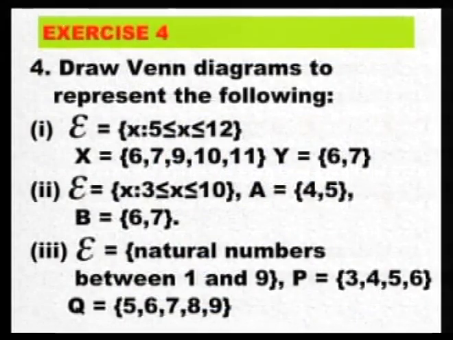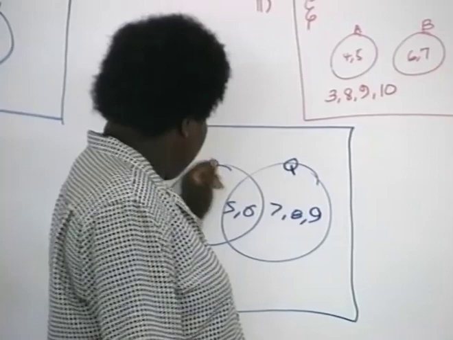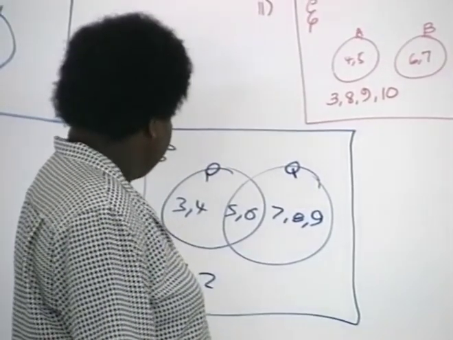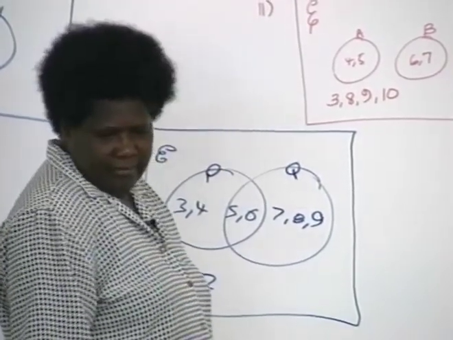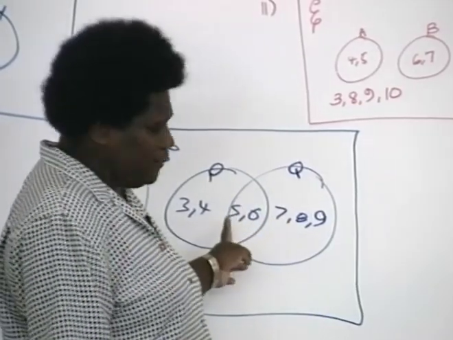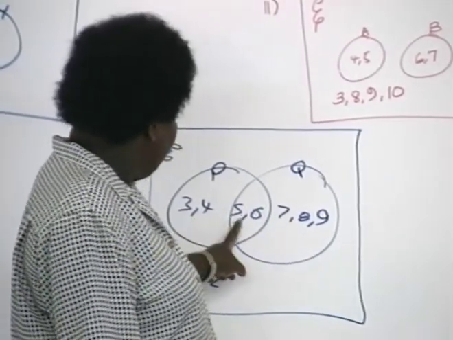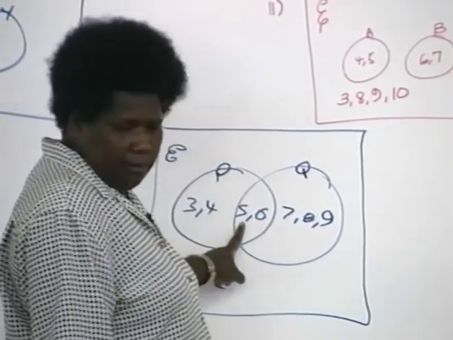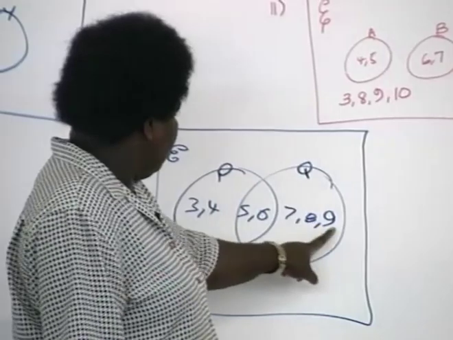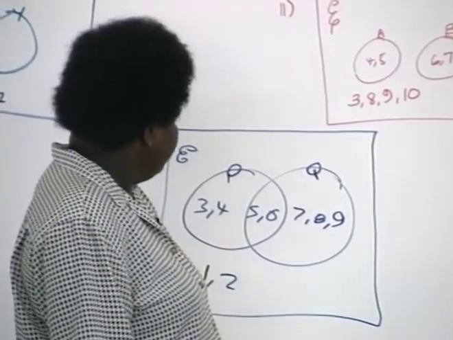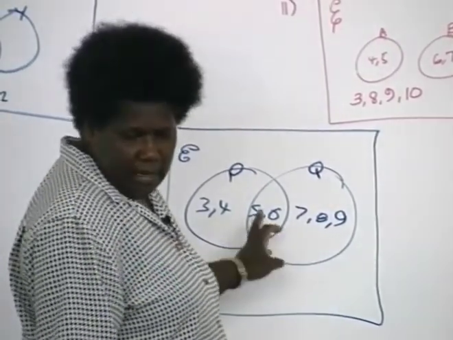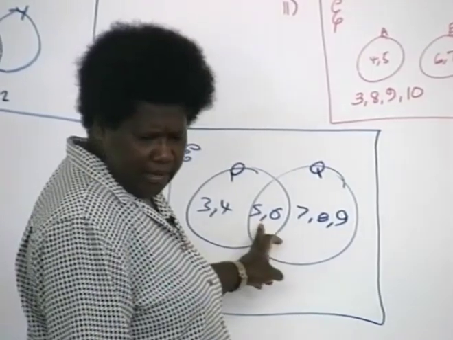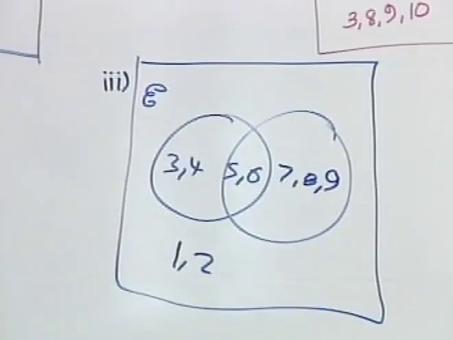Oh, okay. P is the set of numbers 3, 4, 5, and 6. And Q is the set of numbers 5, 6, 7, 8, and 9. And P intersection Q is 5 and 6. That's correct.